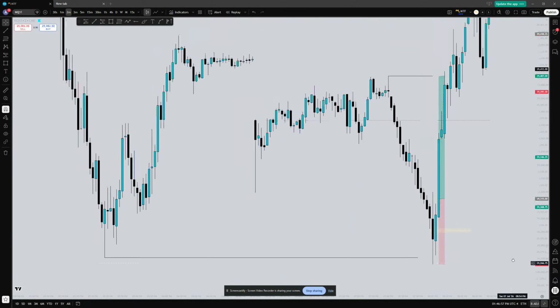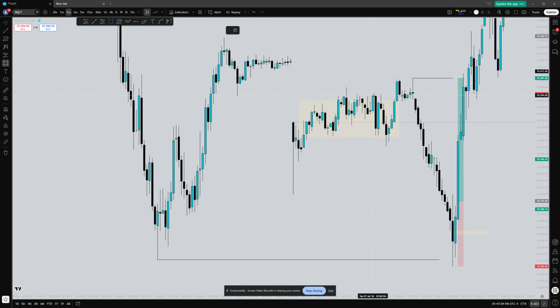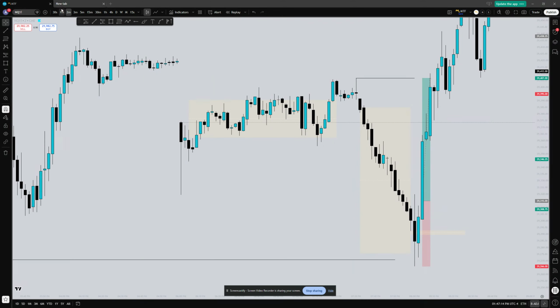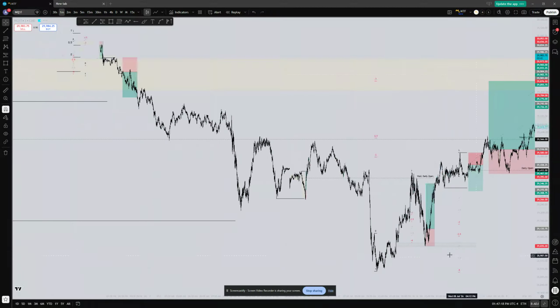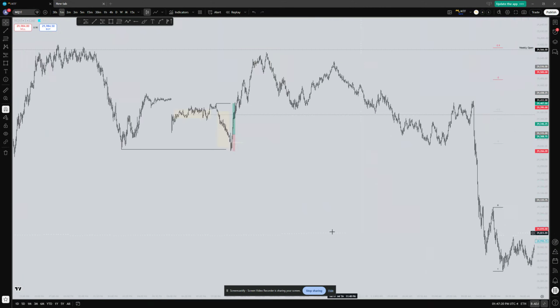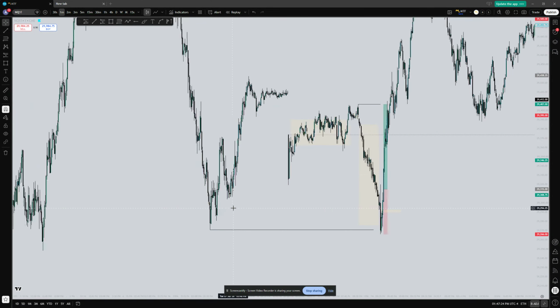we could see that on the lower time frame, we were here, clear accumulation. This right here is clear manipulation, considering we dumped aggressively, took out the accumulation lows, and then also swept this low right here. And right after we swept that low, ideally what you want to see when you're playing an AMD type of trade like this is sweeping some type of low, manipulating into some type of significant level.